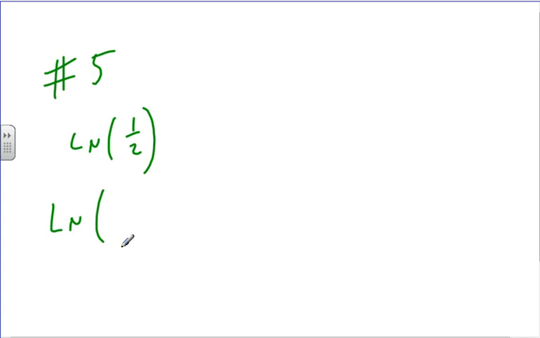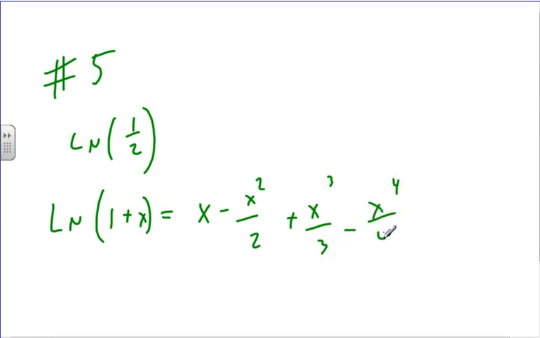But we have the natural log of 1 plus x as a series expansion of x minus x squared over 2 plus x cubed over 3 minus x to the 4th over 4. So we know that's the expansion we're dealing with. Again, we're using the first 4 non-zero terms. First of all, we'll go natural log of a half, put it in my calculator because that's what somebody wants me to do. And that would mean I'd have to know how.